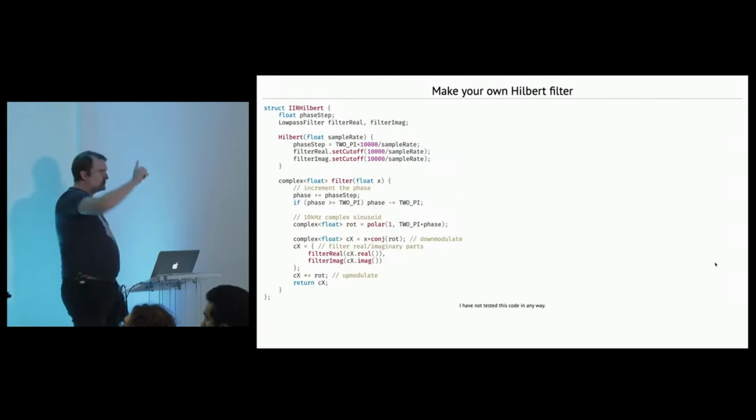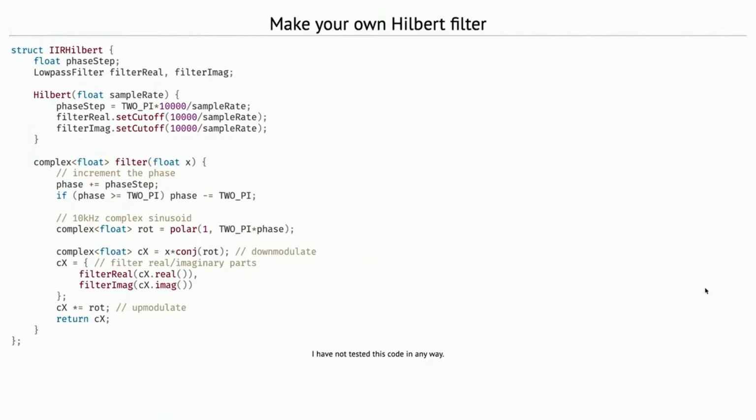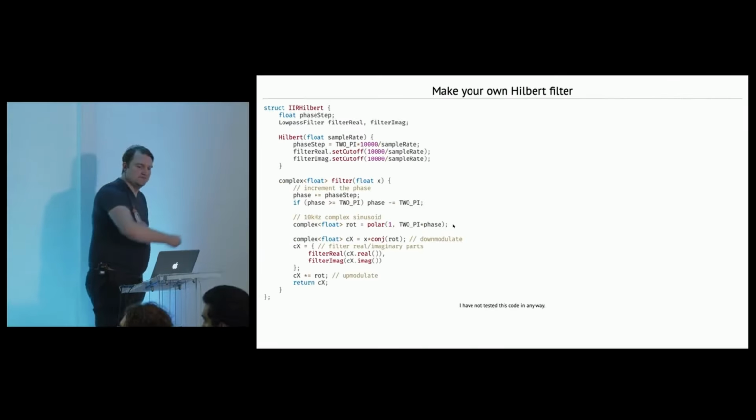So here is some C++ code, which I have not in any way tested, and I wrote it on the train here. But the point is, you have 2 low-pass filters for your real and imaginary parts, and you have a phase step, which makes our phase go round 1 cycle every 10 kilohertz. And then for every input sample, which is real, increment the phase, avoid numerical accuracy issues, turn that into a complex exponential.